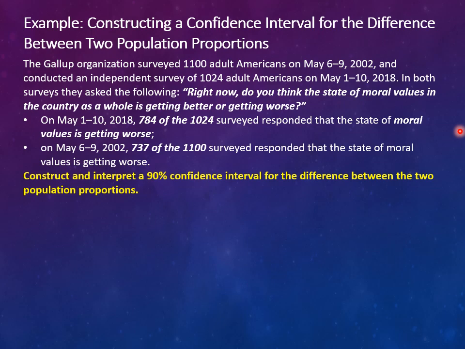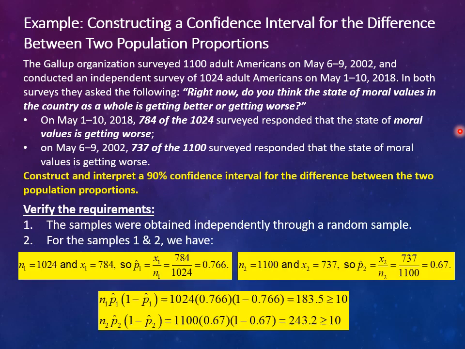They asked the following question: Right now, do you think the state of moral values in the country as a whole is getting better or getting worse? In 2018, 784 of the 1,024 surveyed responded that it's getting worse, and in 2002, 737 of the 1,100 surveyed said that the values are getting worse. We want to construct and interpret a 90% confidence interval for the difference between the two population proportions.